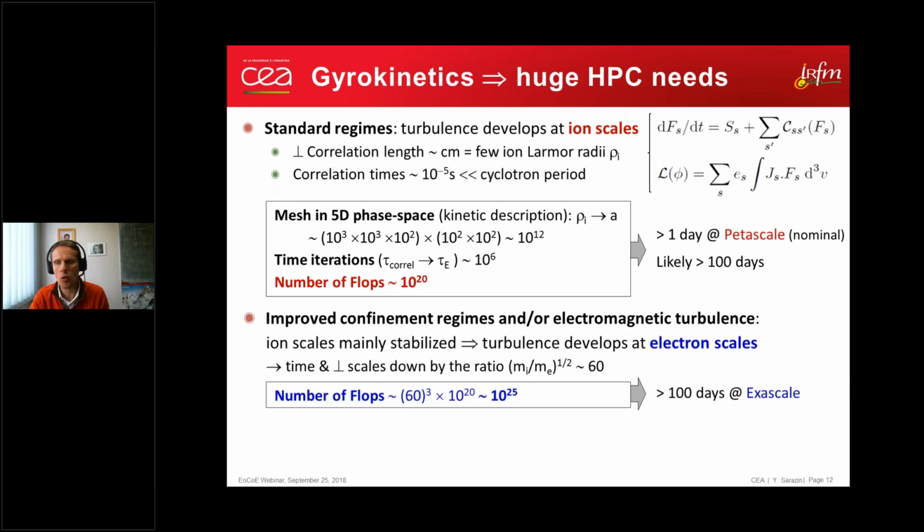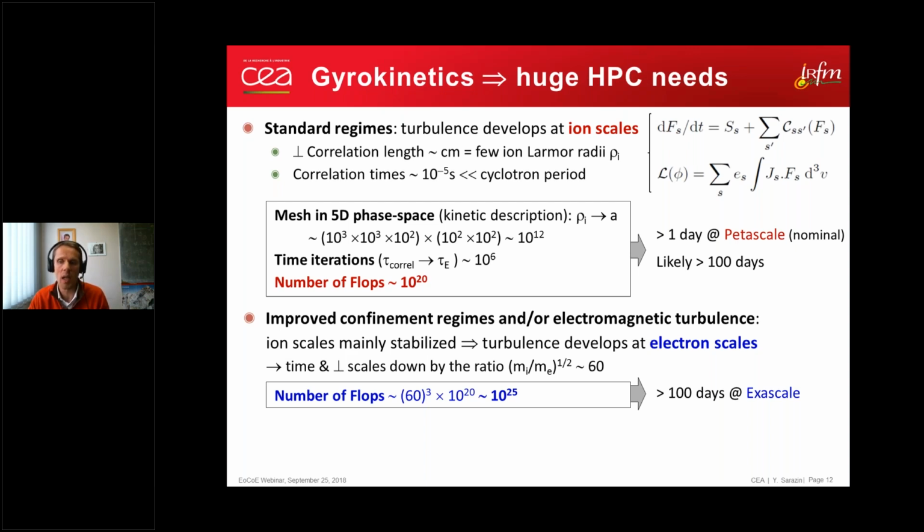But then, if you want to go into the improved confinement regimes, in the case where part of the ion scale turbulence in some regions of the tokamak has been reduced and even has disappeared, then what you have to take into account is the turbulence that develops at even smaller scale, which is the electron scale.